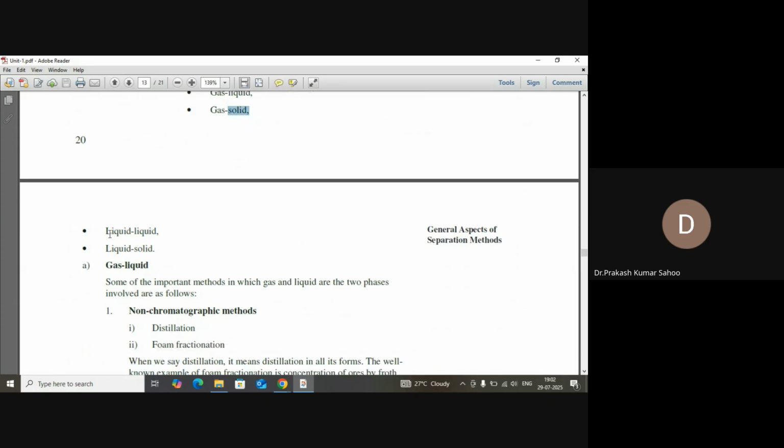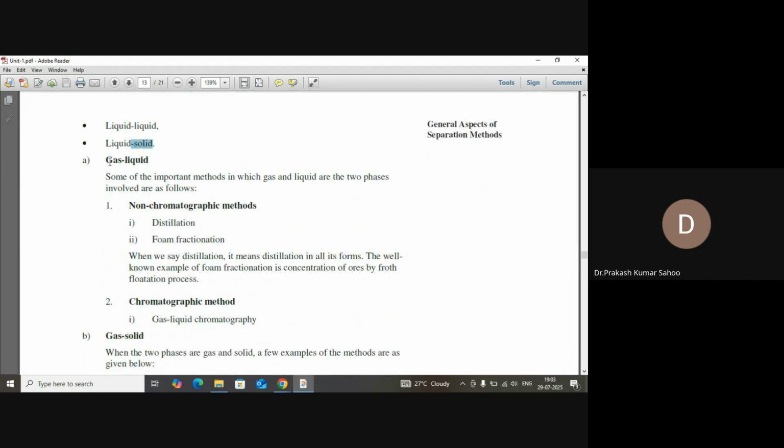In liquid liquid, one liquid is stationary and one liquid is the mobile phase. In solid liquid, liquid is the mobile and solid is the stationary phase. So accordingly, try to remember and understand which phase will behave as the liquid mobile phase, and which phase will behave as the solid phase.